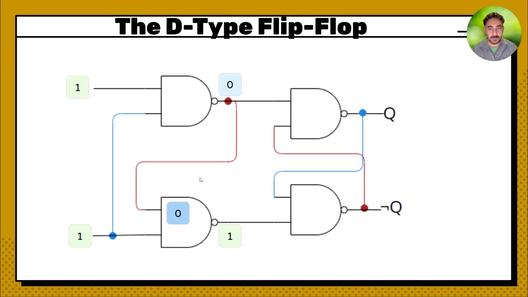This would result in an output of Q equals 0. This is now our stored bit. If the set switch is changed to 0, the result of the set NAND is changed to 1. And this is fed into the reset NAND. Now the result of Q is 1.